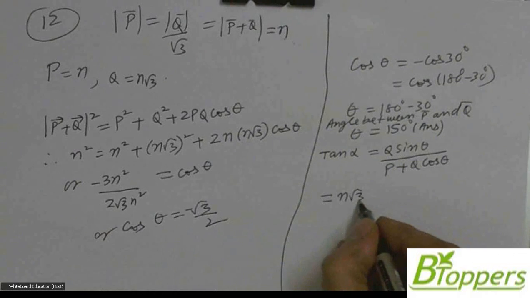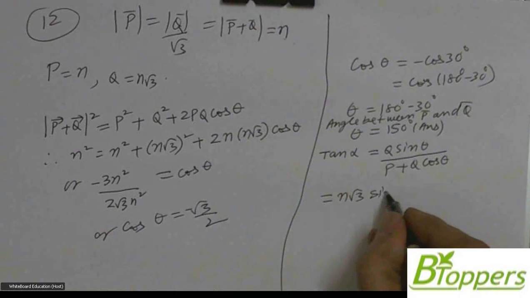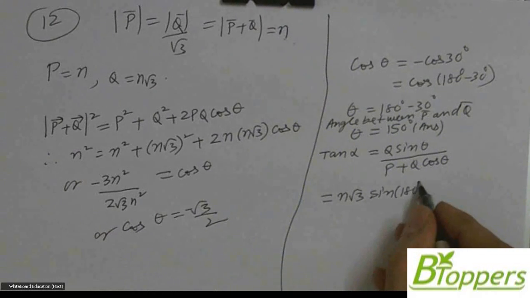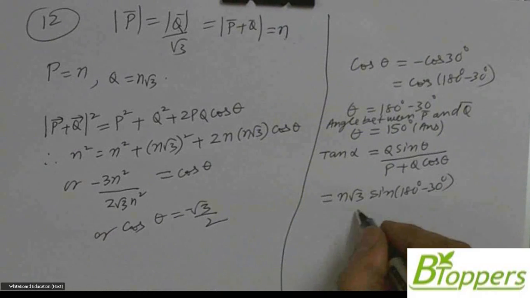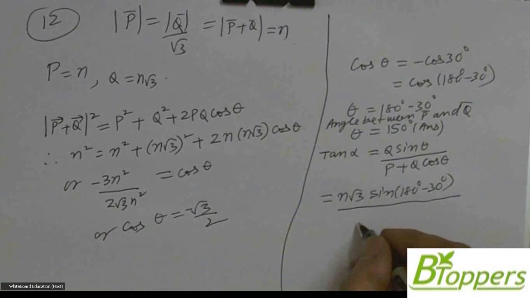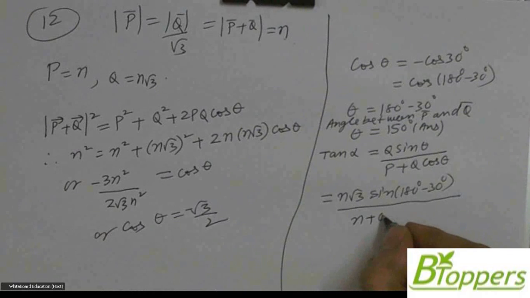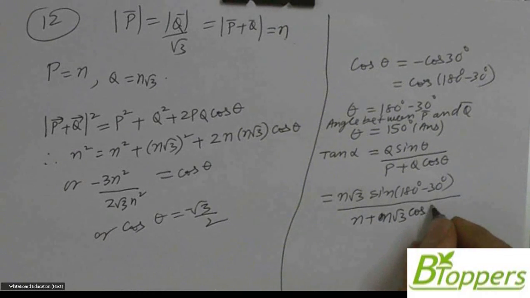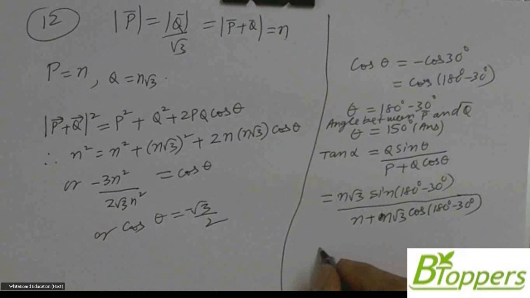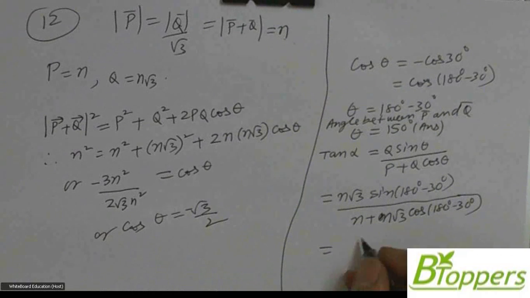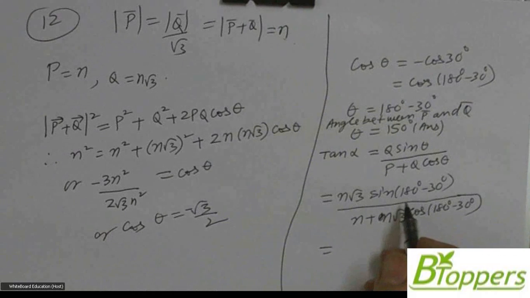So Q equal to n root 3, theta equal to 180 degrees minus 30 degrees, P equal to n. Using the relation in trigonometry, sin 180 degrees minus theta equal to sin theta.